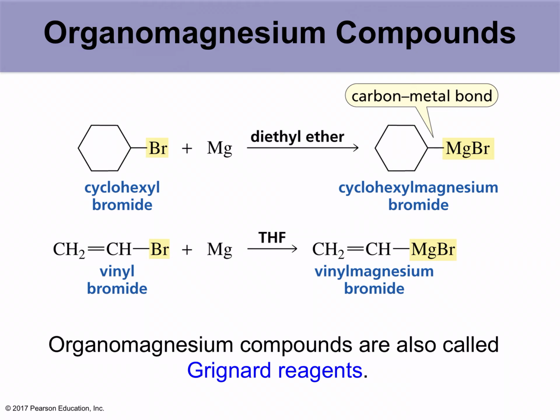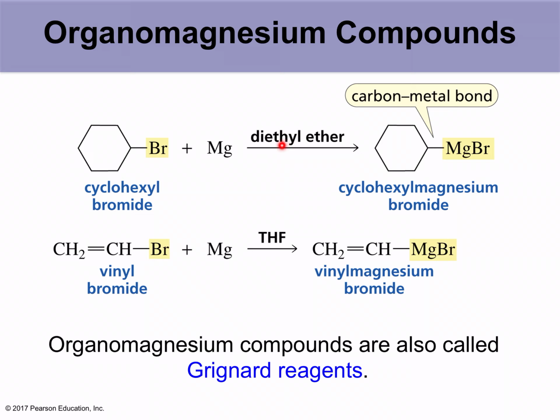Organomagnesium compounds. How do we prepare organomagnesium compounds? You start with an alkyl halide, cyclohexyl bromide, in the presence of diethyl ether. Diethyl ether is the solvent, and magnesium, a piece of metal. You mix them together and let it stir.